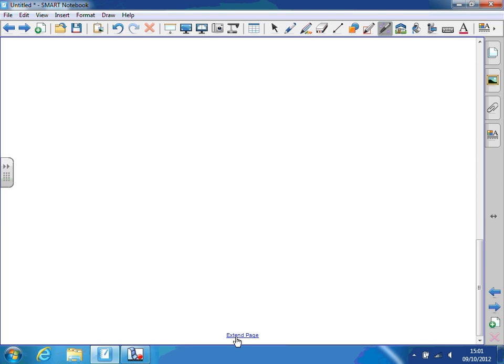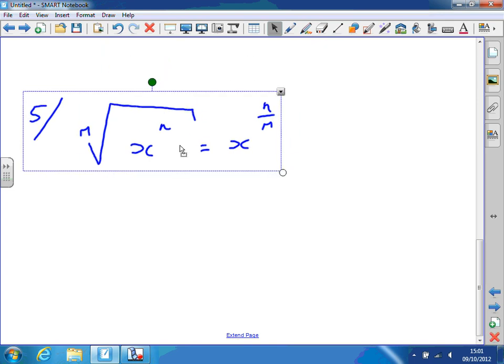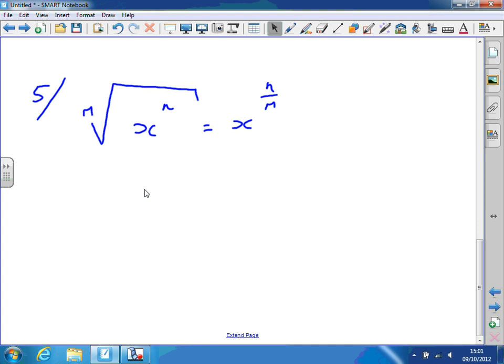That leaves number 5. And this is this one. The nth root of x to the m is x to the m over n.